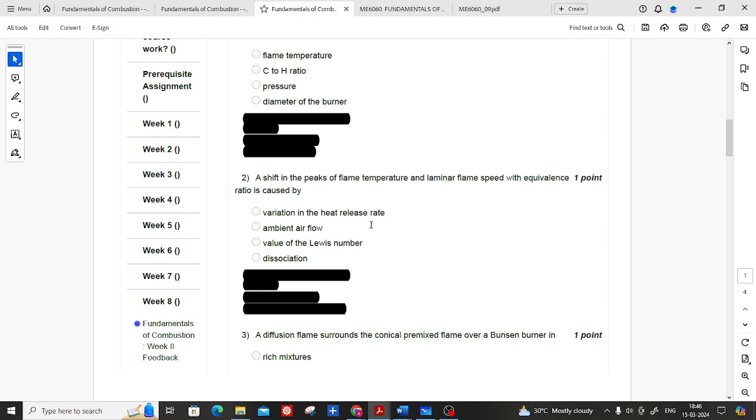I want an answer from someone else. See, the highest temperature will occur at an equivalence ratio slightly more than 1, and the highest flame speed will also occur at an equivalence ratio slightly more than 1. So what is the reason behind it?